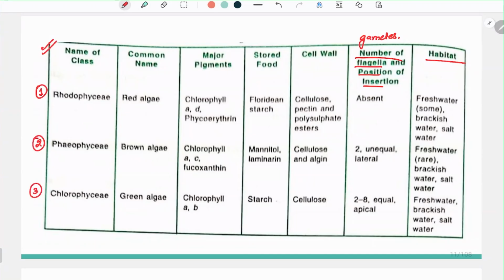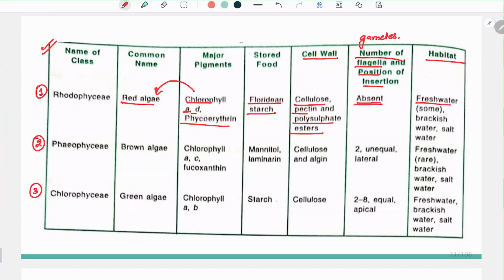Rhodophyceae, Phaeophyceae, and Chlorophyceae. Rhodophyceae is called red alga because of the presence of chlorophyll A, D, and phycoerythrin, due to which the red color is seen. The stored food is in the form of floridean starch. The cell wall is of cellulose, pectin, and polysulfate esters, and flagella are absent.